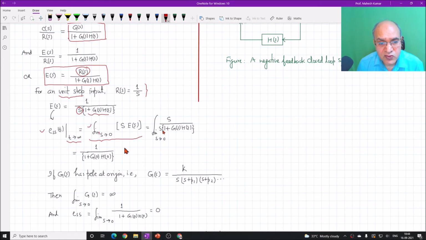If we apply this formula, it becomes s/s, because there is already 1/s here, then 1 + G(s)H(s), and s and s will cancel. So finally we have 1/(1 + G(0)H(0)) because s is 0. This is the value of e_ss(t) when t tends to infinity. This is called the steady state error, e_ss.